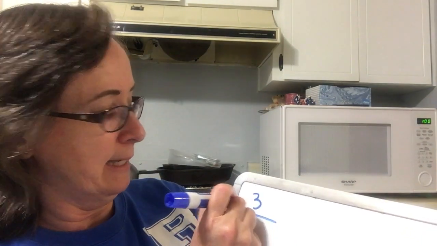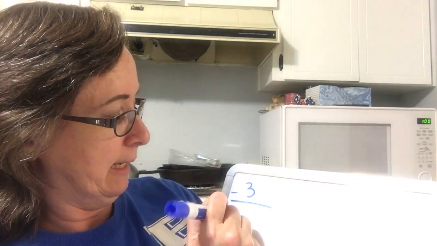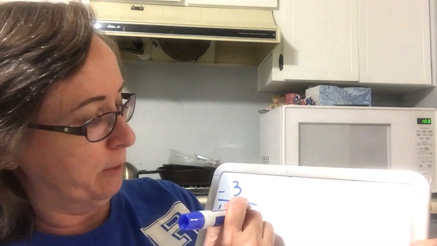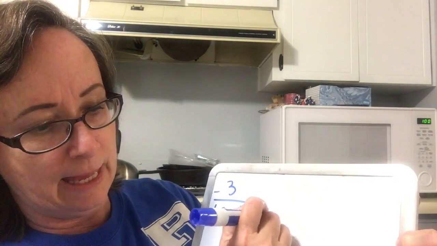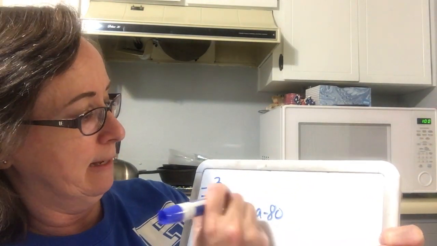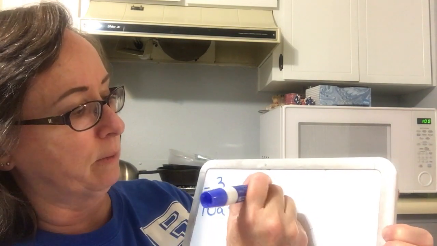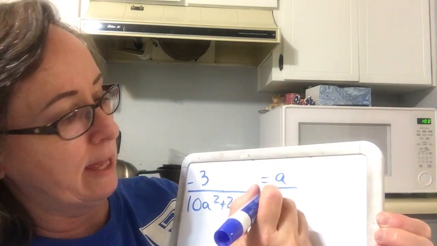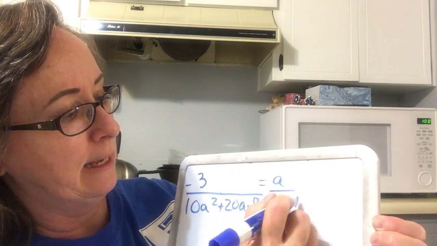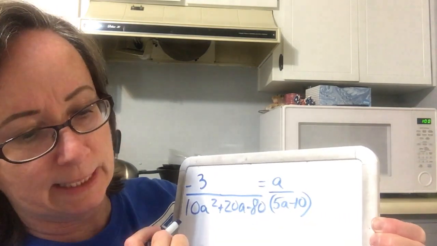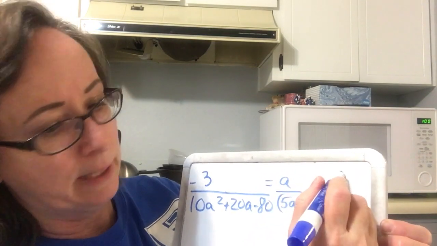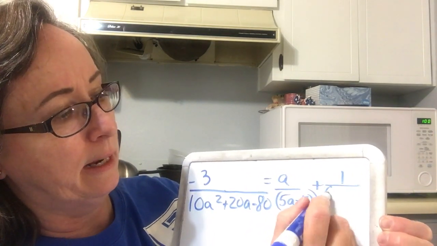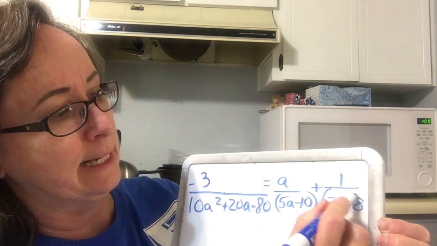Negative 3 over 10a squared plus 20a minus 80 equals a over 5a minus 10, and I'm going to put parentheses because this is so crowded, plus 1 over 2a plus 8.